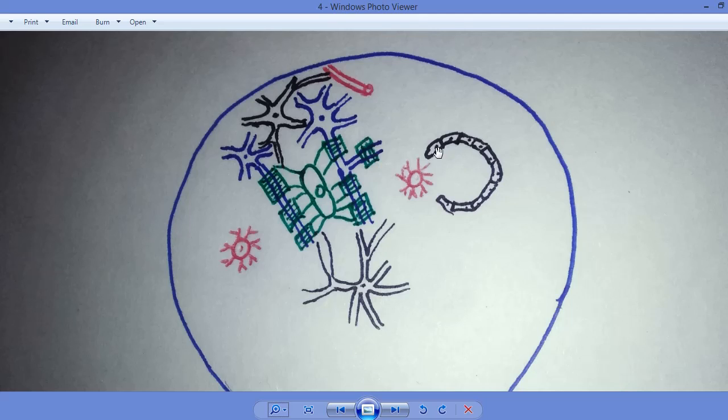So I have drawn only one ventricle, which is also incomplete, but this ventricle is lined by the ependymal cell. So these ependymal cells do not let the fluid come in contact with the parts of the brain. So the ependymal cells are meant for the provision of lining or epithelial coating to the ventricles of the brain.